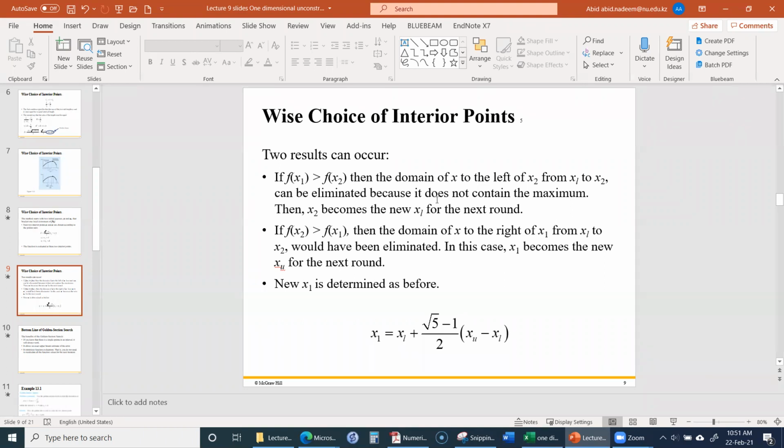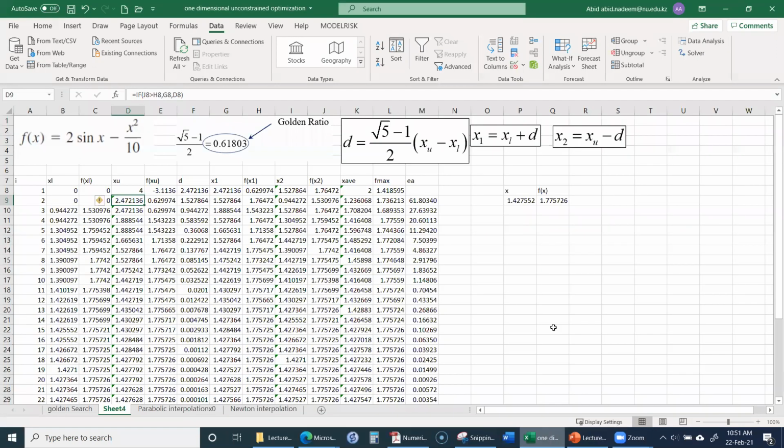In qualitative terms, as I have told, for example, if this is fx2 and fx1 is here, then fx1 is over and fx2 is under. x2 is towards the left of x1. But fx1 is greater than fx2, which means the function is increasing from x2 to x1. So this gives us the indication that the function is increasing from x2 to x1.